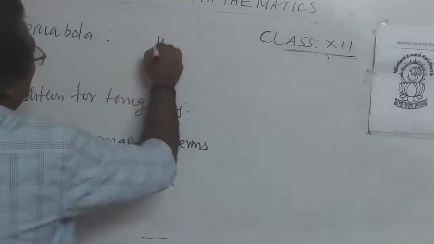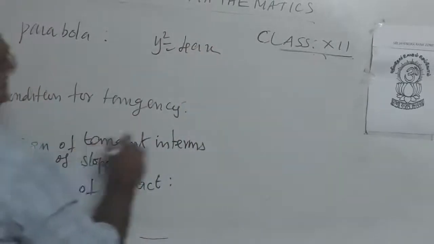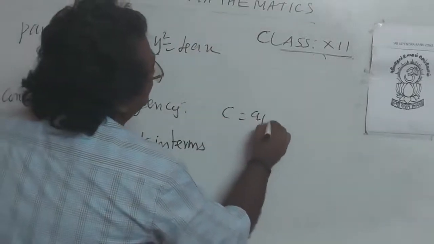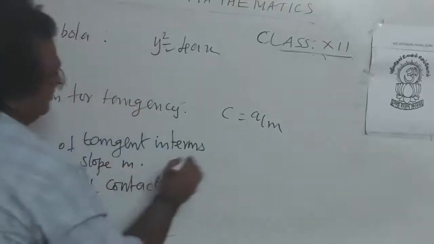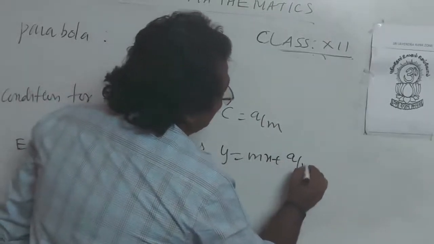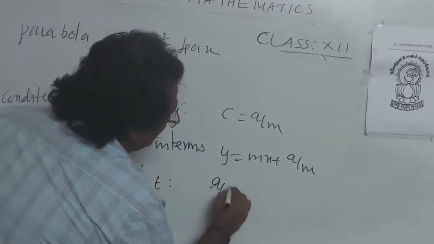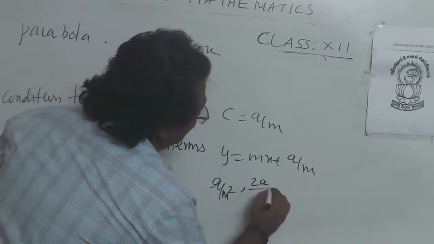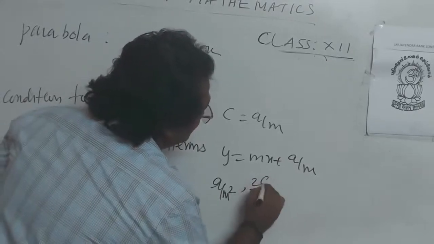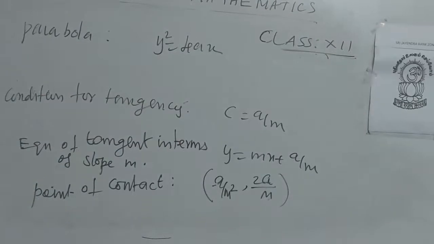For y squared equal to 4ax, the condition for tangency is c equal to a by m. Equation of tangent y equal to mx plus a by m. Point of contact a by m squared comma 2a by m.